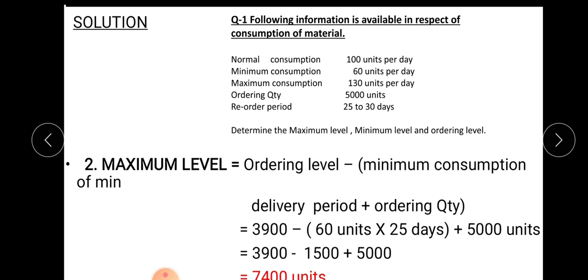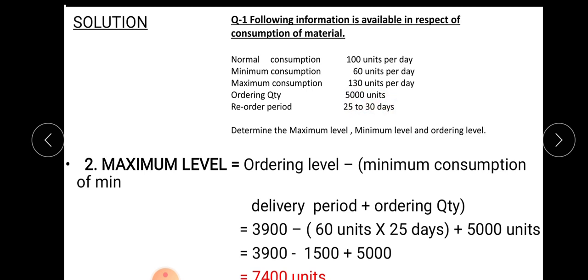Then you need the ordering quantity, right? So minimum consumption is 60 units, minimum delivery period is 25 days. So you can see in bracket 60 units into 25 days, plus ordering quantity is already given, that is 5000 units.